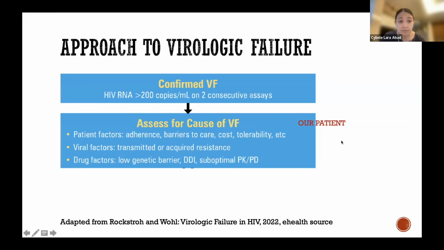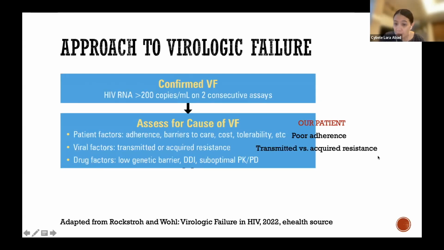Looking at his patient factors, he has admitted that he has been poorly adherent to this therapy because of emotional instability and psychiatric factors. We don't know yet if he has transmitted or acquired resistance because we did not have a baseline resistance test or a baseline viral load, no?